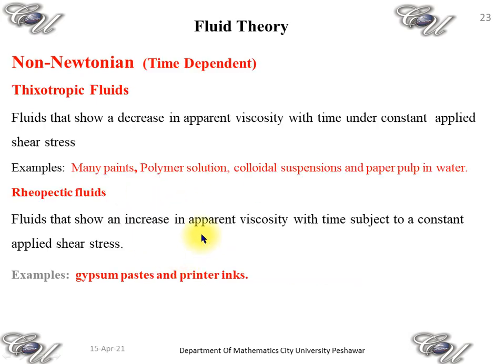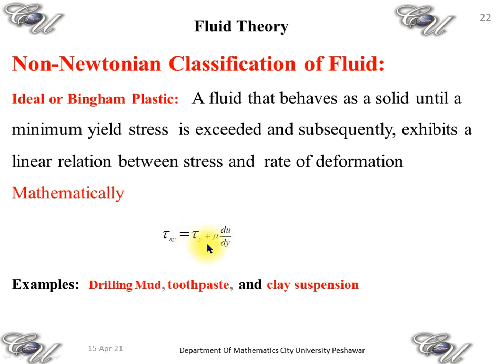Initially it behaves like a solid, as already mentioned in the diagrams where we have Newtonian and non-Newtonian fluids, and then, look at this, it is just like the Newton law of viscosity. It behaves like a Newtonian fluid.